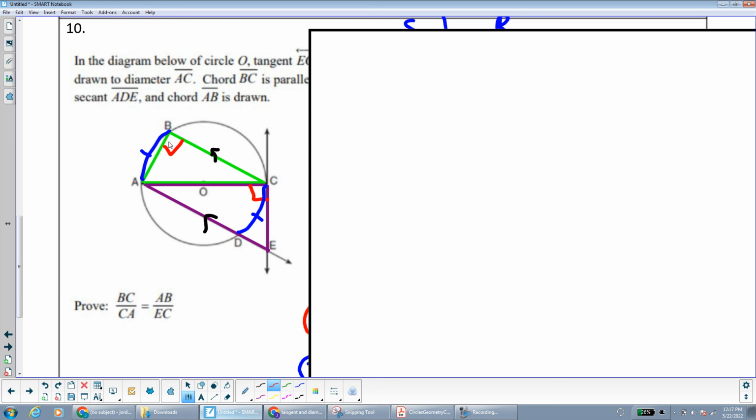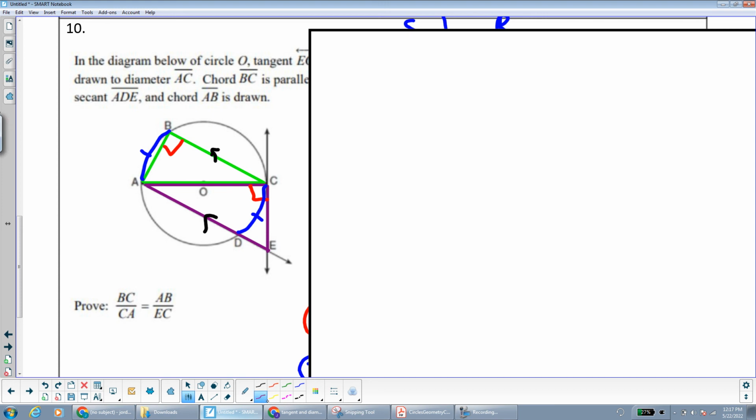And notice how the intercepted arc of this angle is AC, which is half a circle. It's a semicircle, which is 180. So that makes angle B have to be 90, half of its intercepted arc. So simply we can put that as an angle inscribed in a semicircle is a right angle. And already we have one pair of congruent angles because all right angles are congruent to each other.